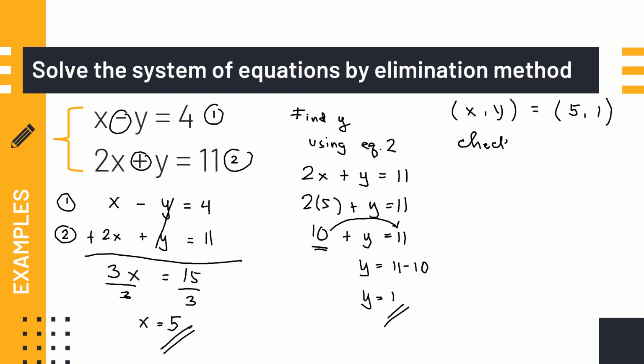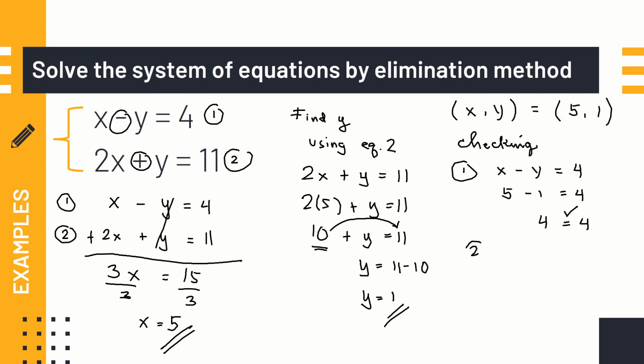For us to check if the computed values are correct, we need to substitute the values of x and y in our two given equations. Let's have first the first equation, x minus y equals 4. So let's substitute 5 in place of x, and 1 in place of y. So 5 minus 1 is obviously 4, equals 4.